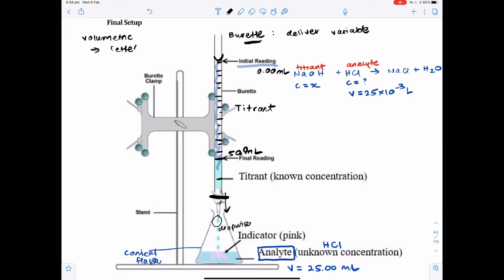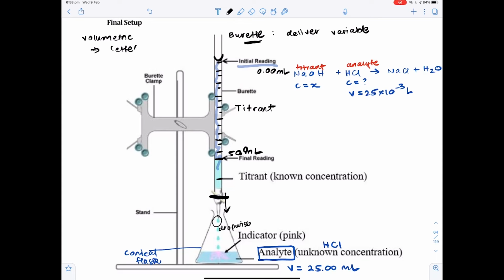Again, remember I told you, this is a rule of thumb. Sometimes this is completely swapped. Sometimes the analyte will be in the burette, and they like to do that to just trick you. But remember, generally your analyte's in the conical flask. Generally, your titrant is in the burette. We'll talk about what it means when we swap them around, how it's going to affect you as a student. Not much really, but coming back to this, titrant in the burette, analyte in the conical flask.